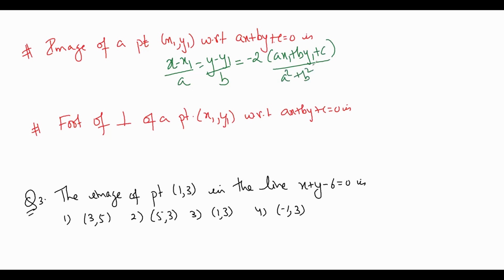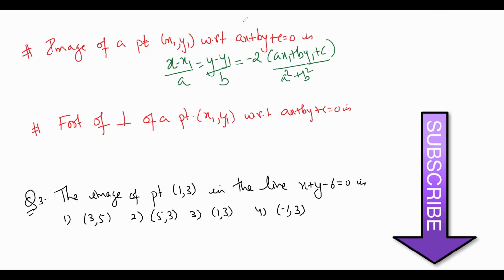This is the formula. If you get this type of question, that is, the line is not the x-axis, not parallel to the x-axis, not y = x, this is a standard equation, then this formula we are going to apply here. Okay, we can also use this formula in 3D.